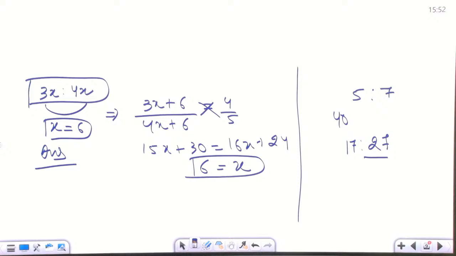What is the answer? 10. You have to find out the difference of the numbers.